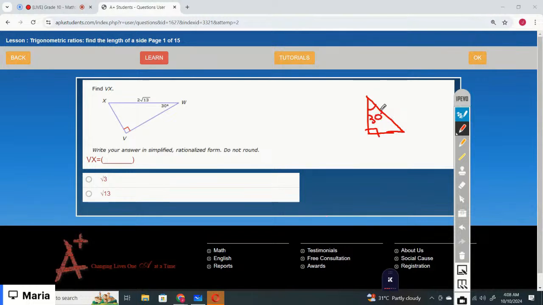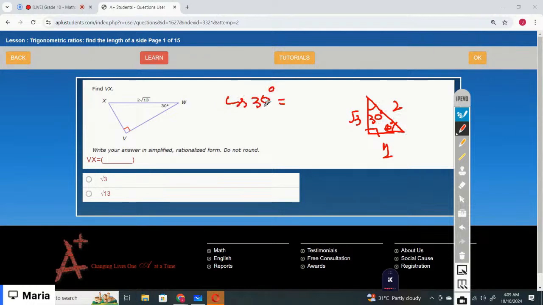This is 30. This is 60. So the ratios they have are 1, 2, square root 3.